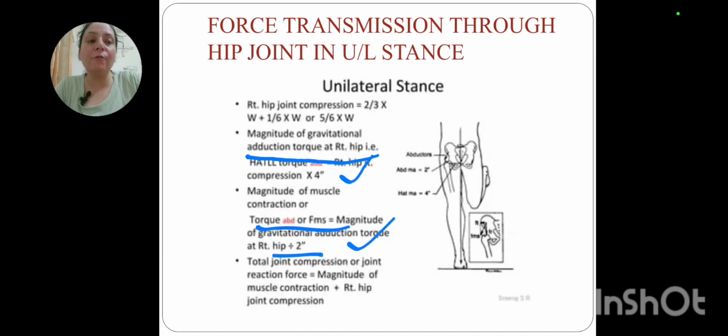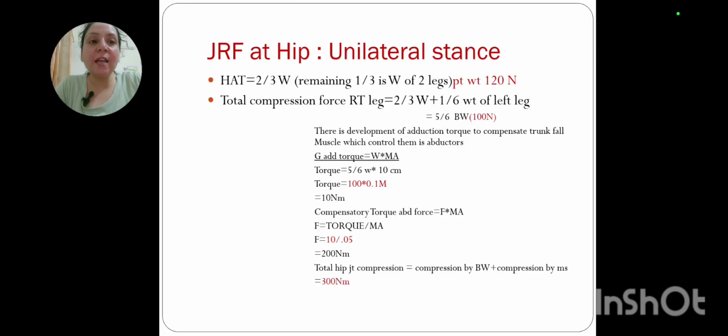So that's why we have taken 10 centimeter as the adductor movement arm. We multiply 100 Newtons with 0.1 meter, and we get 10 Newton meter as the gravitational adductor torque. Now we want the abduction force to compensate for this adductor torque, so that we are able to maintain the pelvis.